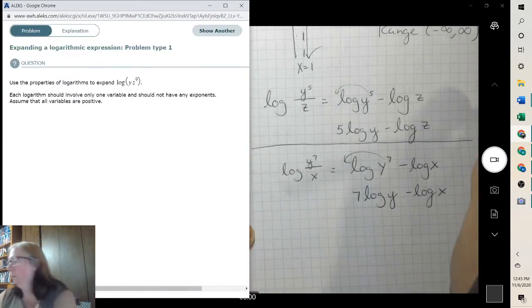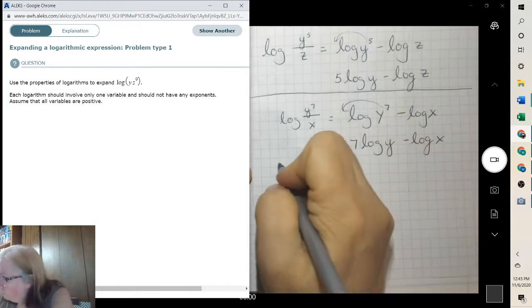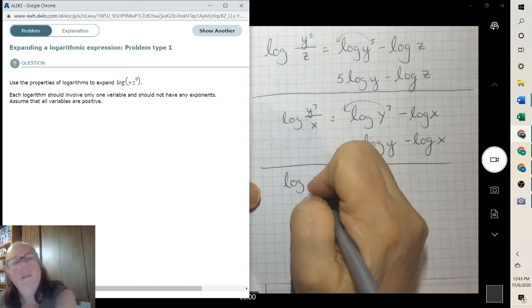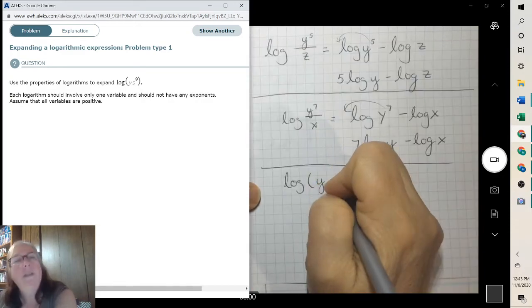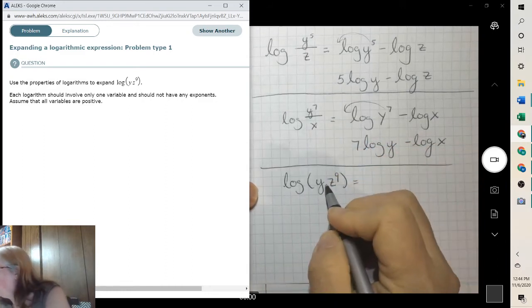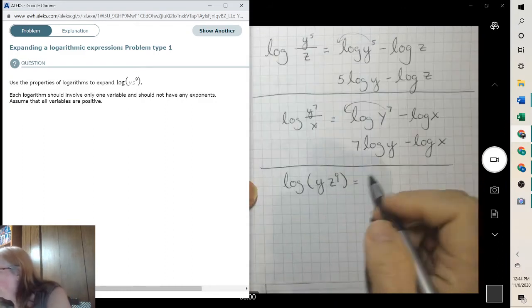Okay, there's one different. Log y z to the 9th. Now these are multiplied, so they become an addition.